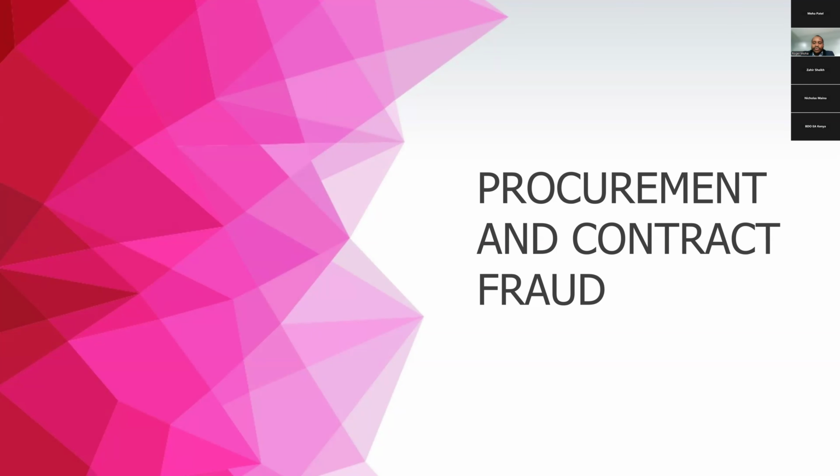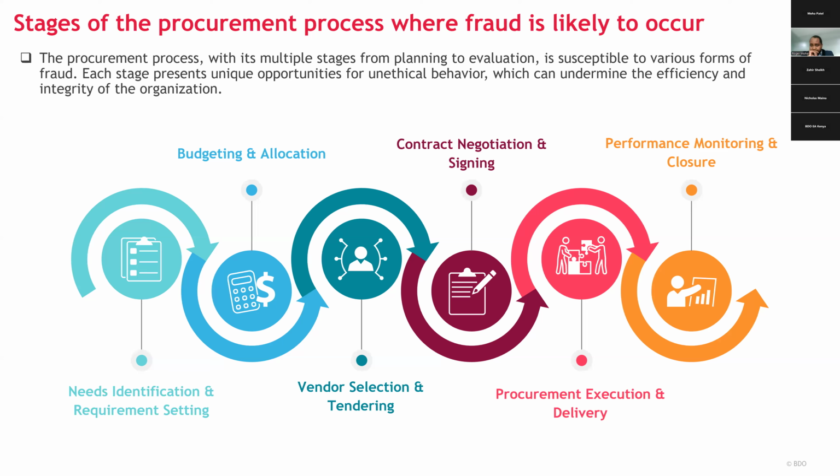So usually nonprofit organizations engage in various procurement activities to acquire goods and services that are necessary for their operations. Understanding the vulnerabilities within this procurement process is crucial because the procurement process has multiple stages from planning to evaluation, and each of these stages is susceptible to various types of fraud.